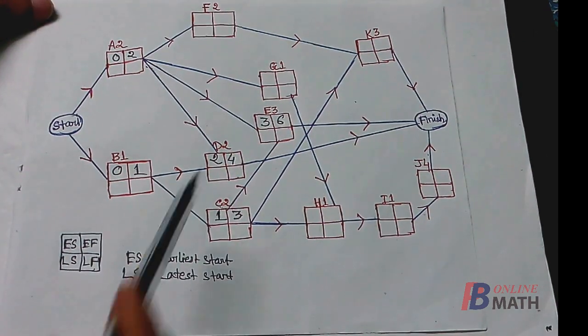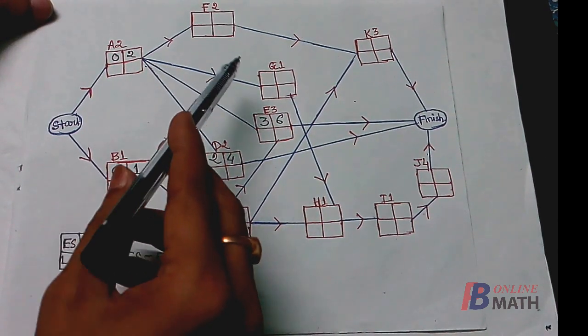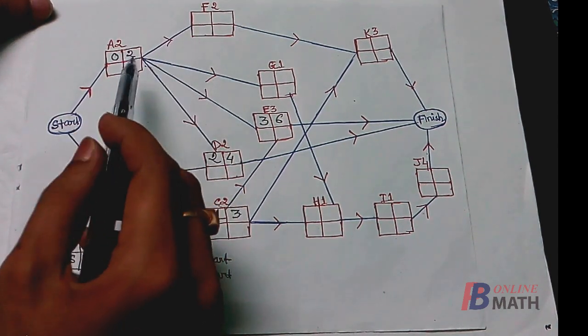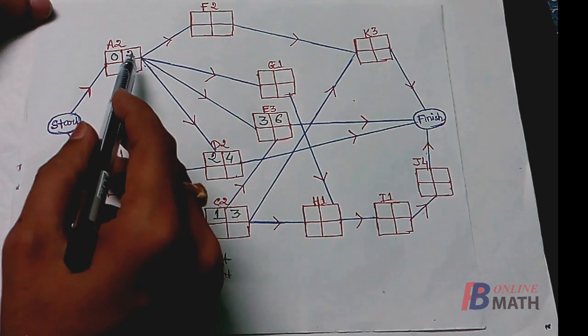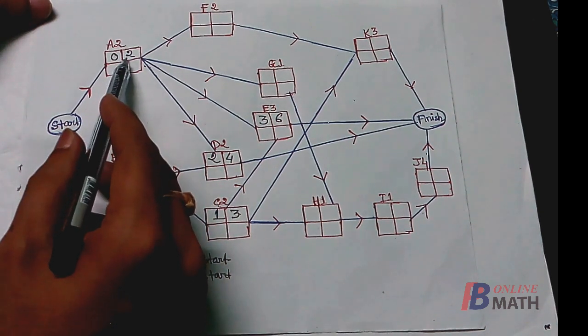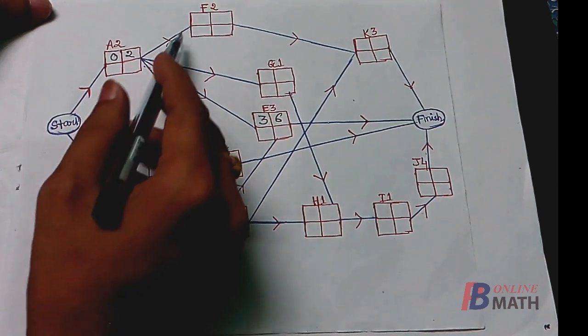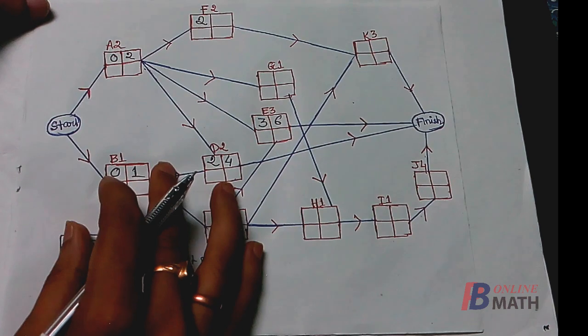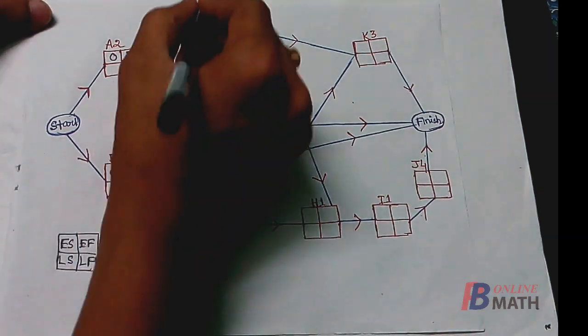Next, consider the activity F, which has only one immediate predecessor A. So the activity F can be started after the completion of the activity A. Now the earliest finish time of the activity A is 2 weeks. So the earliest start time of activity F should be 2 weeks, and it requires 2 weeks. So 2 plus 2 equal to 4.